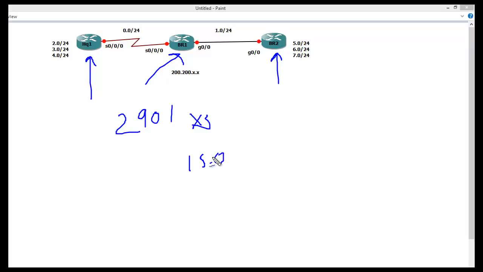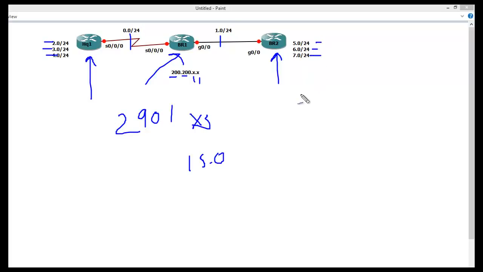So you can also perform this task on layer 3 switches. In this video I am going to show you how to work with Cisco CEF. We have also applied the IP addresses, that is 200.200.x.x. There is network 0, network 1, and then 2, 3, 4, 5, 6, 7.